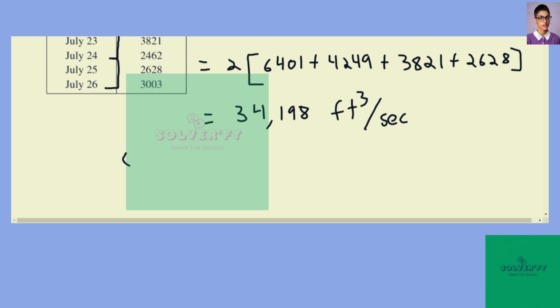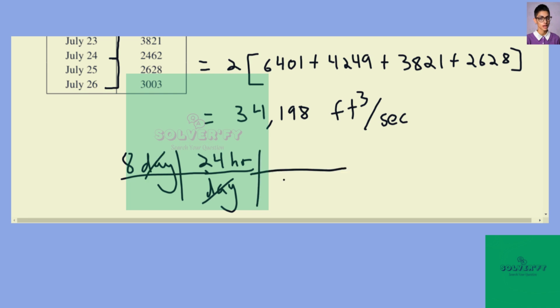And then we would have 8 days multiplied by 24 hours. We're trying to convert into seconds, and we know 1 hour is the same thing as 3,600 seconds. So we have 8 times 24 times 3,600, which is equal to 691,200.